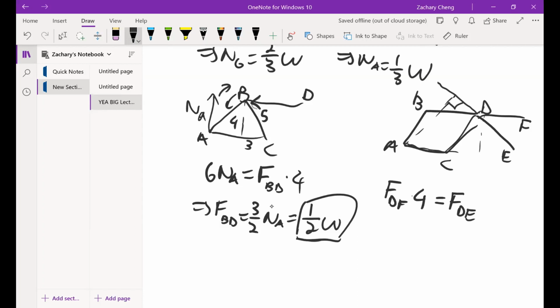Okay, so finding this distance isn't too hard.